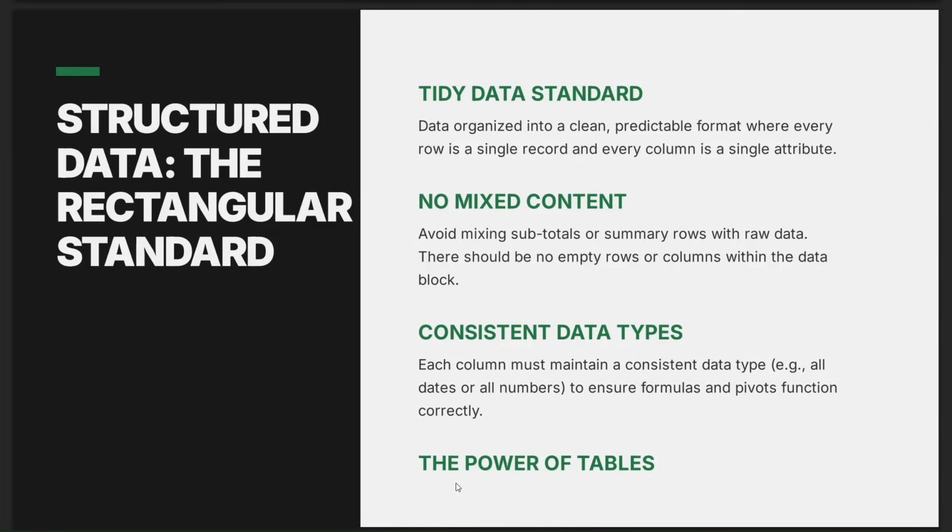Also, there's no mixed content, so avoid mixing subtotals or summary rows with the raw data. There should be no empty rows, no columns without data in them, etc. Consistent data types: each column must maintain a consistent data type.